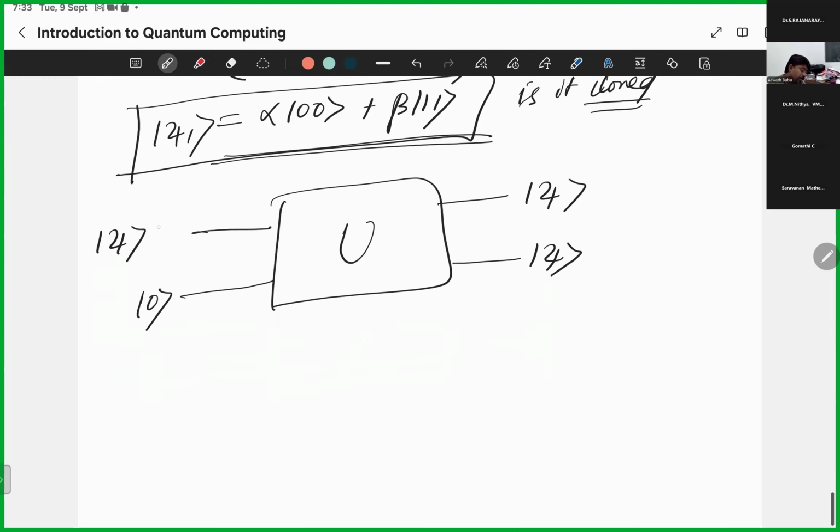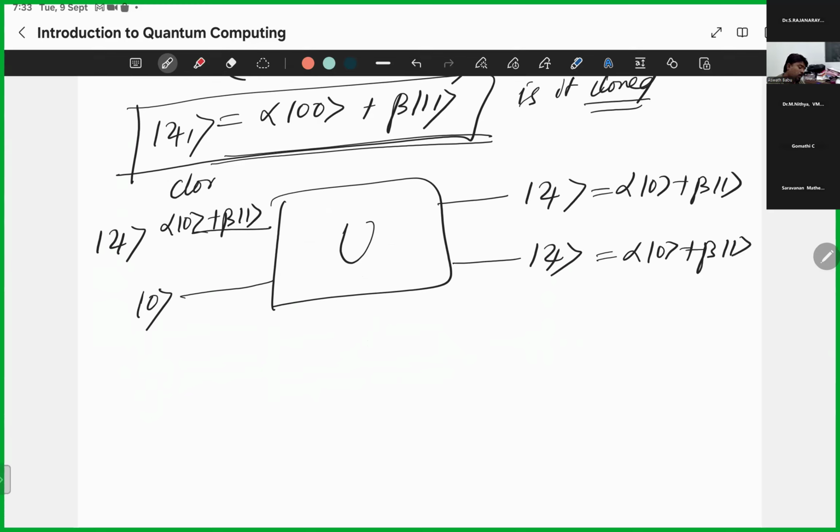My psi is alpha 0 plus beta 1. What is the psi here? Alpha 0 plus beta 1. What is the psi here? Alpha 0 plus beta 1. So this is the cloned scenario. What is the input? The input is psi tensor 0.